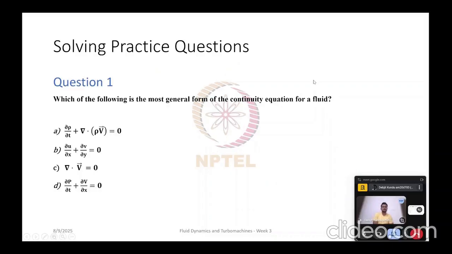So, it's a very simple question to start with. Question number 1, which is asking us which of the following equations, there are 4 equations given in the options below. Which of the following equations is the most general form of the continuity equation for a fluid flow?